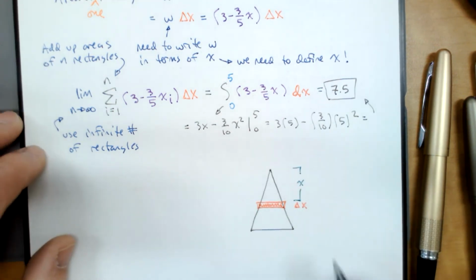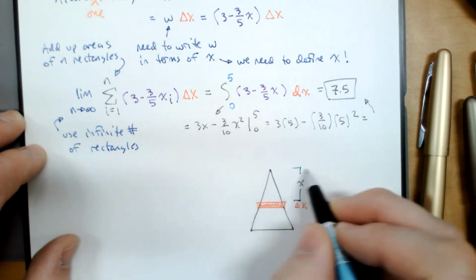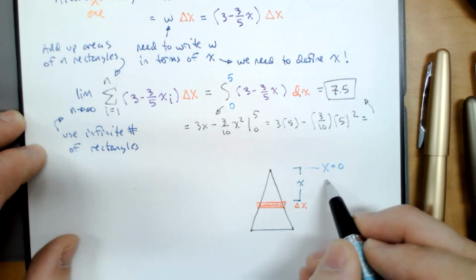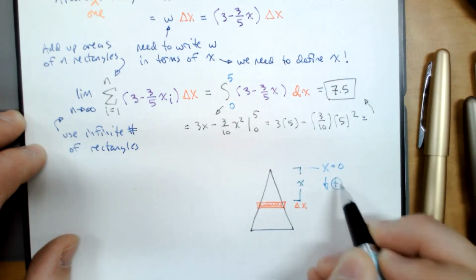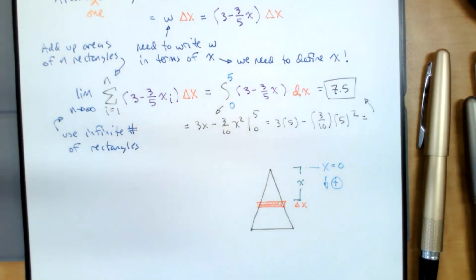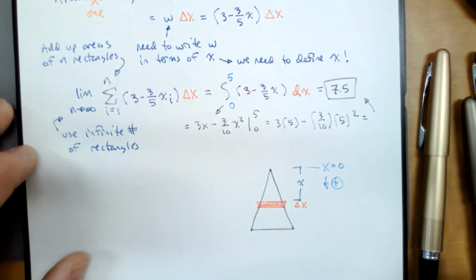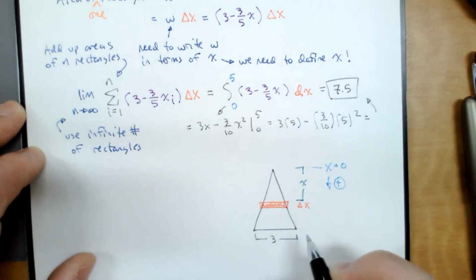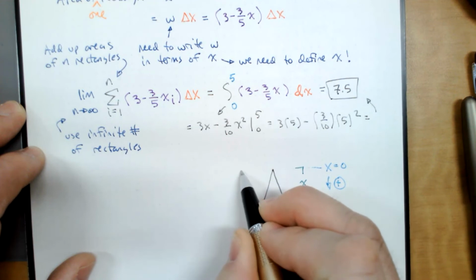Once we decide where x is, one end is the rectangle or the slice, the other end is 0. And the slice is in the positive direction. So in this case, down is positive. The base of this triangle was 3. And the height of the triangle is still 5.